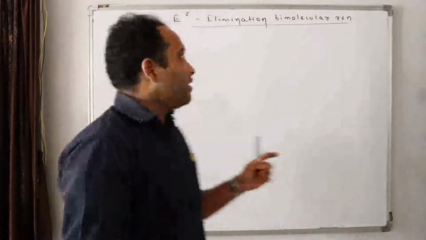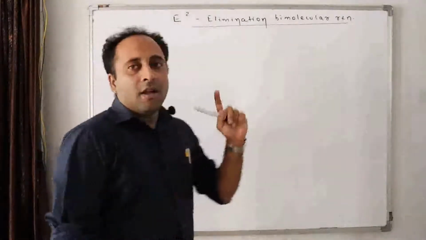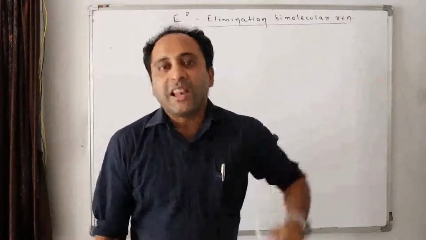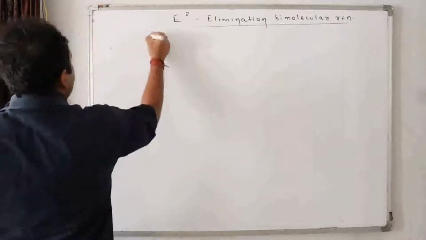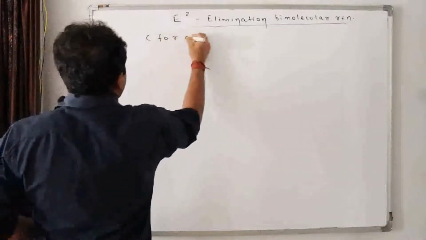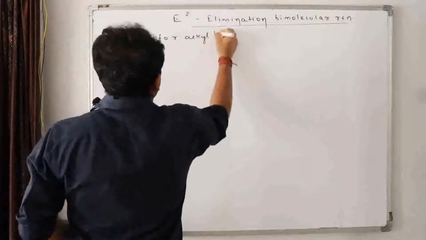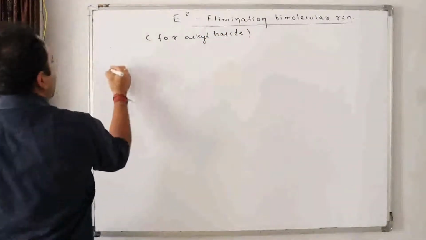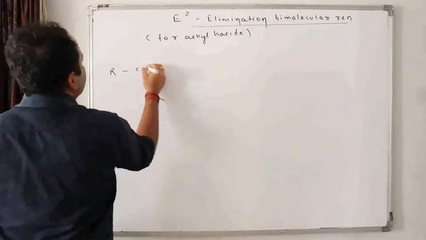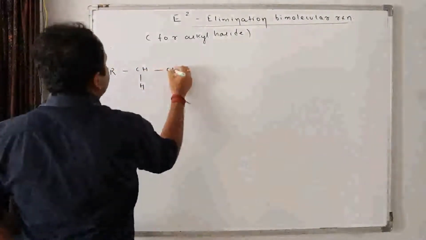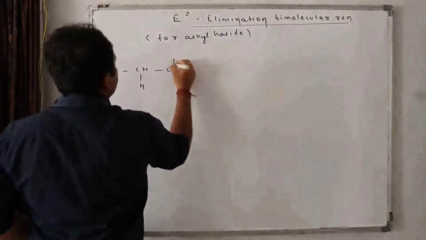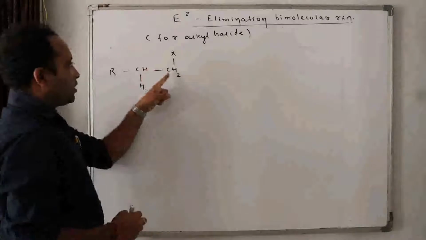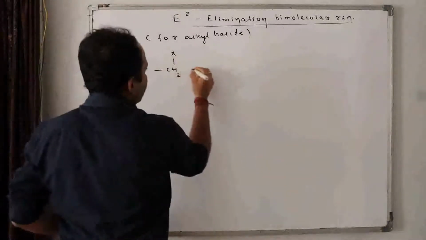But in case of E2 reactions, we'll discuss the procedure taking into consideration the alkyl halide. What is that? Let me take one alkyl halide, RCH2CH2X, a halogen derivative.